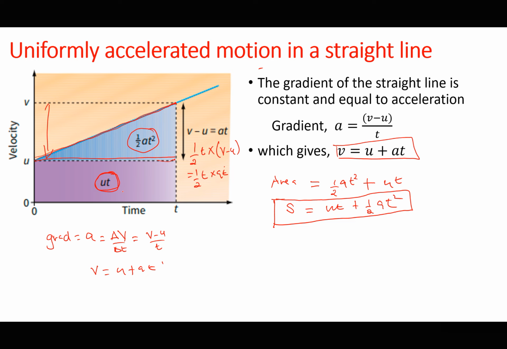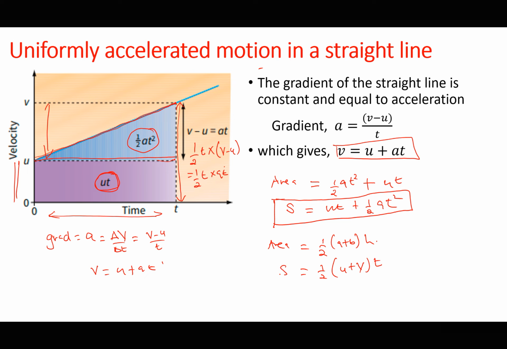You could also take this as a trapezium, and the area of a trapezium from mathematics is a half times a plus b times the height h. So one side will be a, maybe u, and the other will be b, maybe v, and the height h is going to be t.